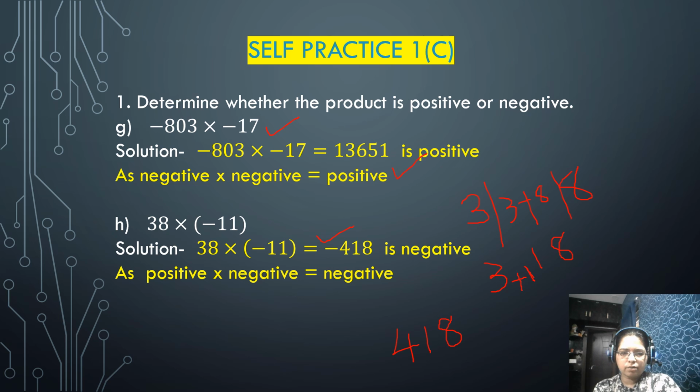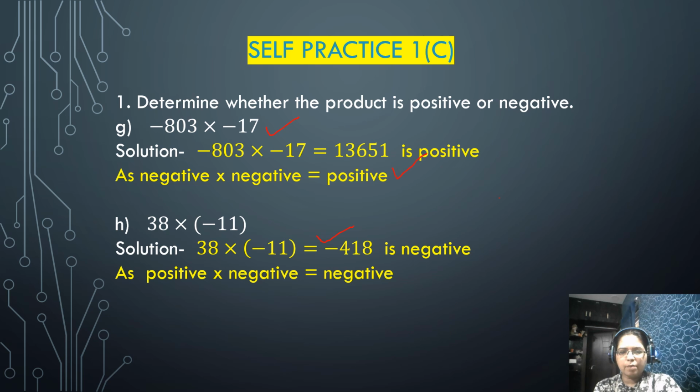Three plus 1, 4, and this unit place digit of 11, and unit place digit of 38, 418. So we get 38 multiplied with 11 is 418.